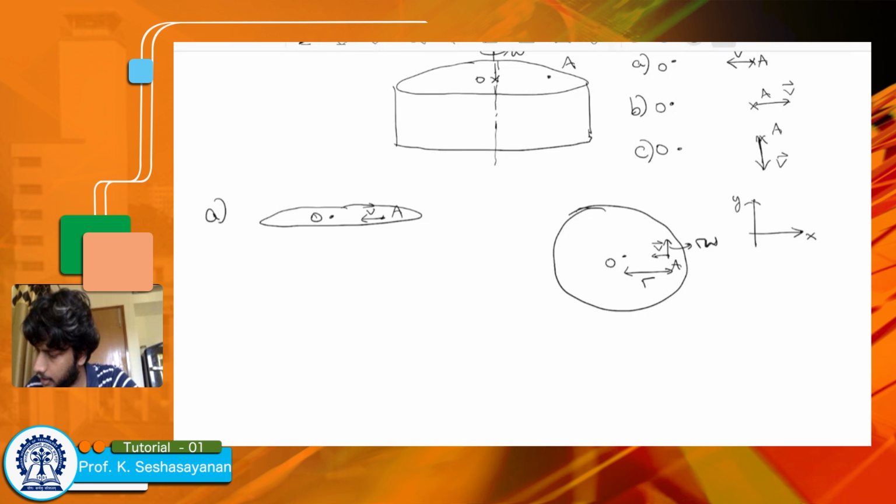So let's define two sets of coordinates, x and y being the inertial set of coordinates and x prime, y prime being the non-inertial or rotating set of coordinates. So x prime and y prime are rotating, whereas x and y are fixed.